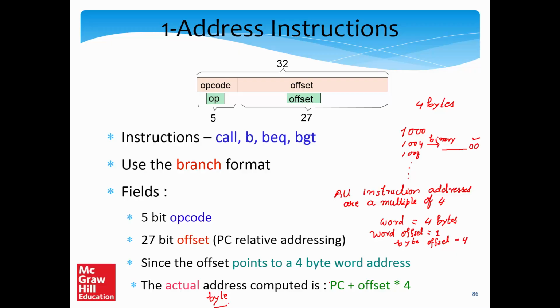So we actually save the word offset, which is the number of memory words between the current PC and the branch target, right? The target of the branch. So this offset can either be positive or negative, but in any case, it's a word offset. So to get the byte offset, we multiply it by 4 and we add it to the PC.